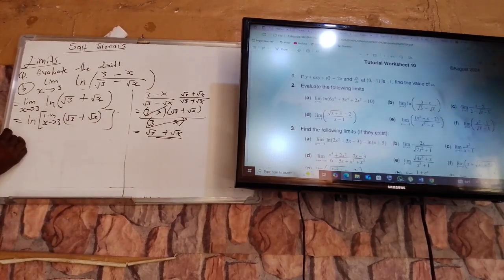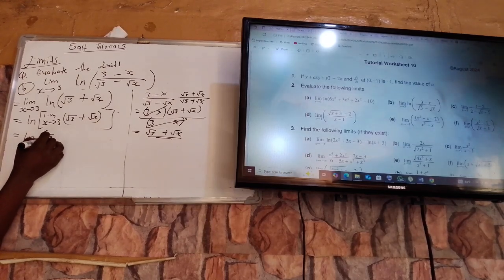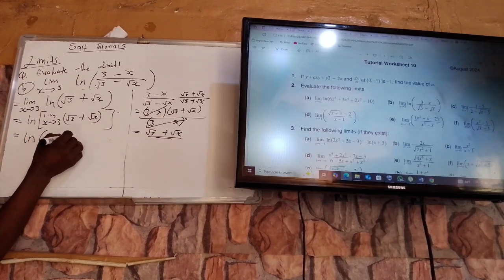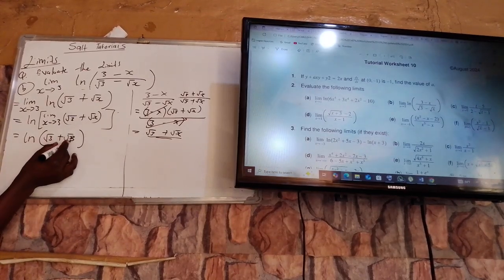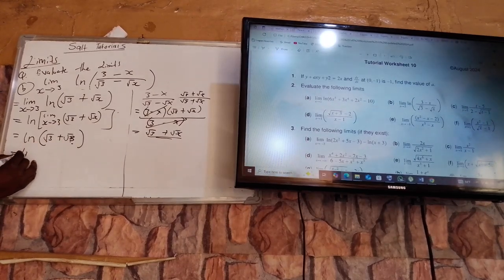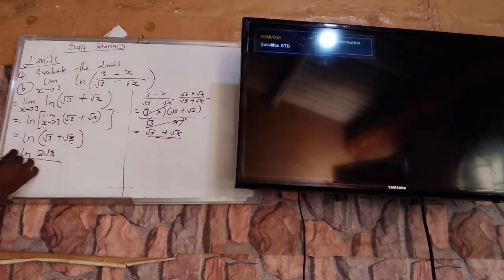Evaluating it at 3, we have the natural log of root of 3 plus root of 3. How many root 3's do I have here? I have 2 of them. So this will be the natural log of 2 root 3 as my final solution.